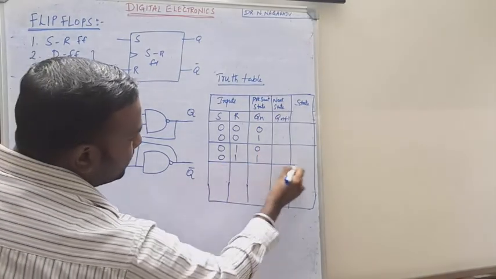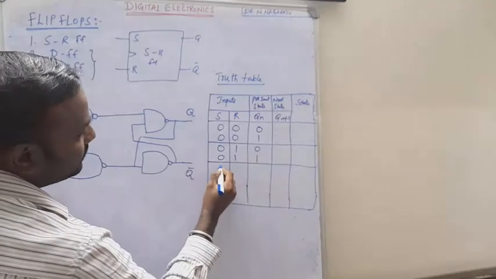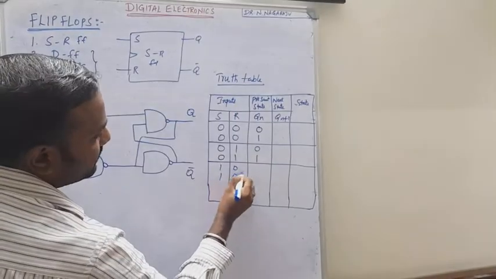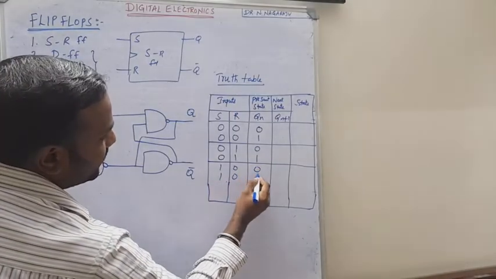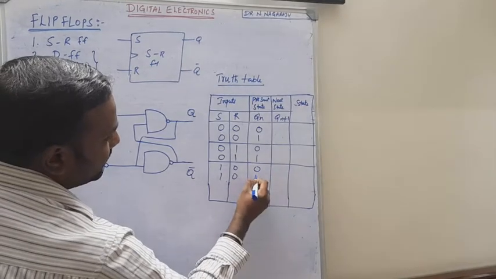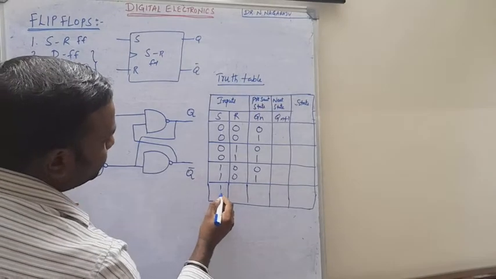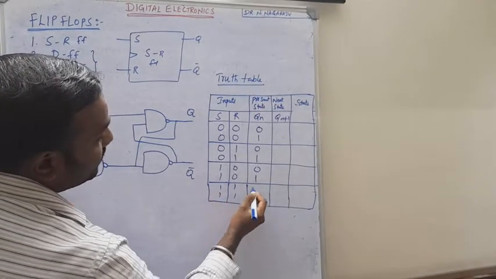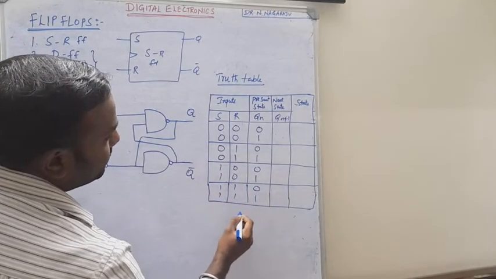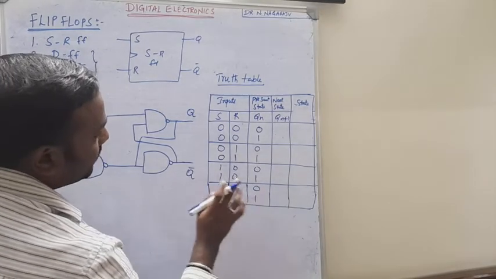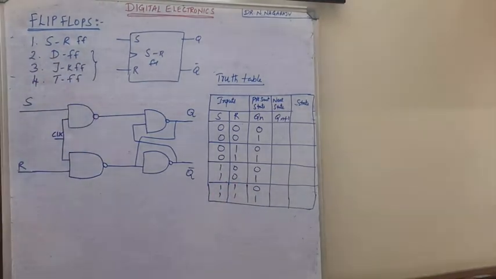I will explain that later. The next combination is 1 0. The same thing here also: if the present state is 0, what will happen, and if it is 1, what will happen? And the last one is 1 1, with present state 0 and present state 1. These are the combinations.